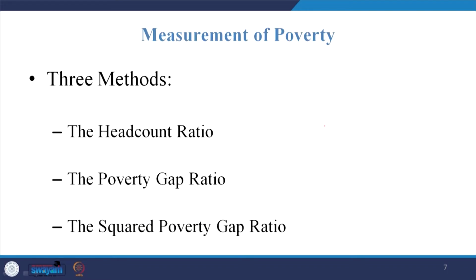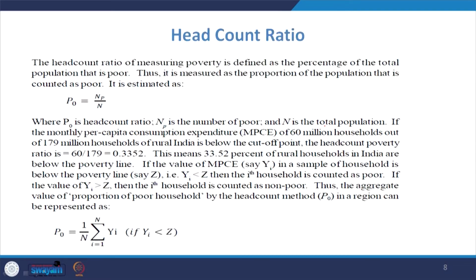Now, we have three methods to measure poverty. They are head count ratio, poverty gap ratio and squared poverty gap ratio. Head count ratio is very frequently used by different countries to measure poverty, and it is defined as the percentage of total population that is poor.